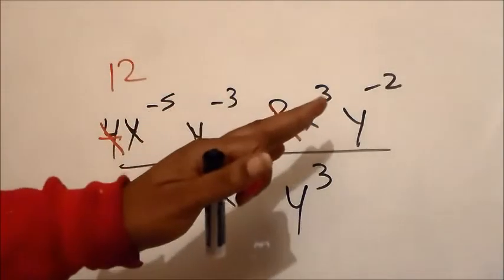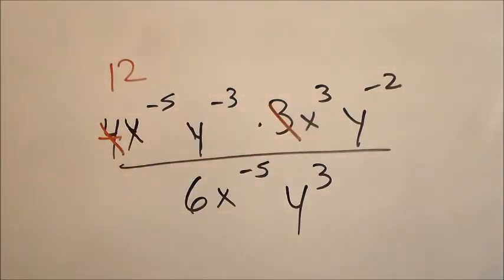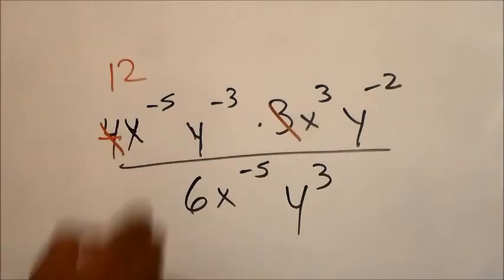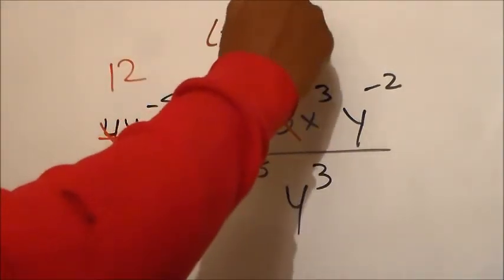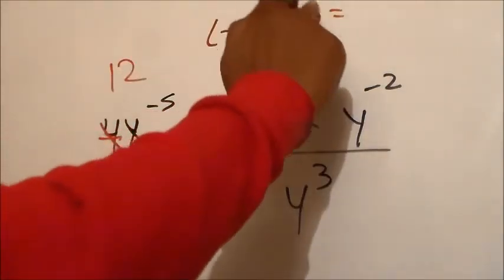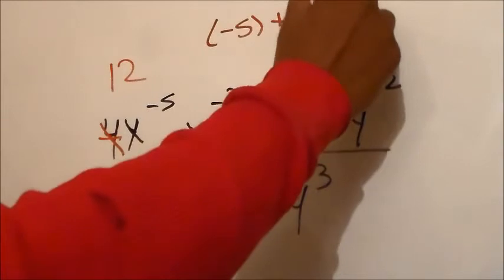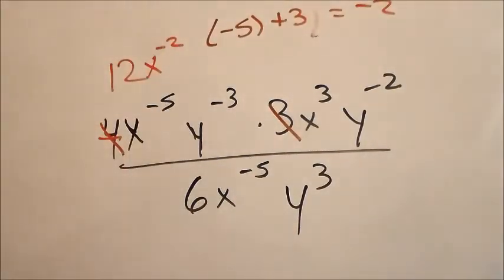X to the 5th and x to the 3rd, okay, it's just like adding. So it's just like saying negative 5 plus 3, and that is going to equal negative 2. So x to the negative 2.